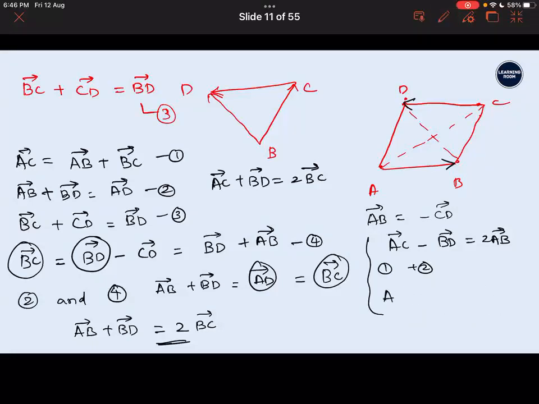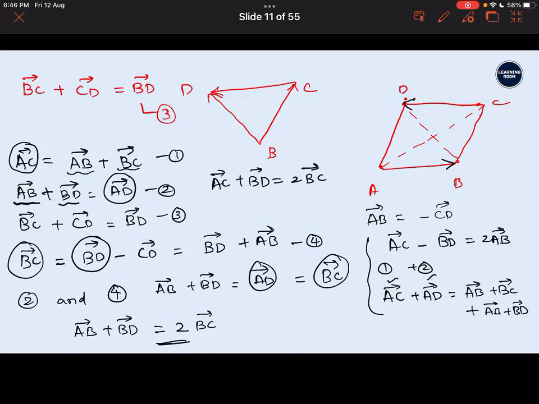So I'll add AC vector and AD vector, which will be equal to AB vector plus BC vector plus AB vector plus BD vector. Observe this: AC vector plus AD vector is equal to AB vector plus BD vector plus AB vector plus BC vector.